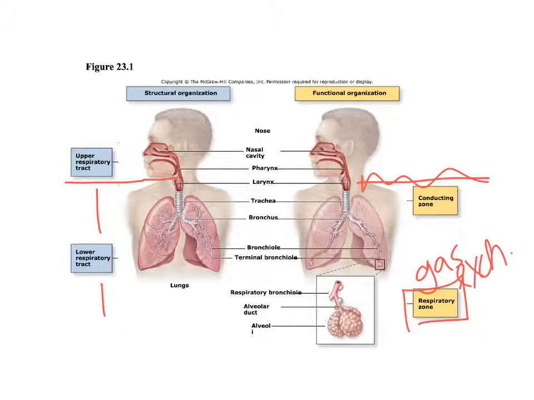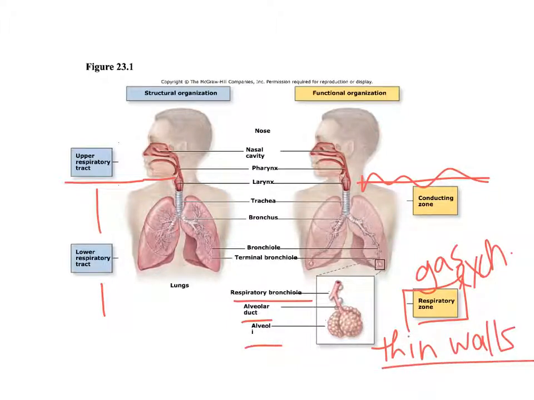These pieces, the respiratory bronchiole, the alveolar duct, and the alveoli, have very thin walls, and the thin walls allow for diffusion. That makes sense, right? So, structural and functional. Conducting zone, no gas exchange.